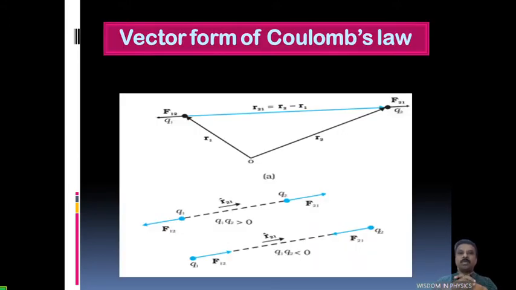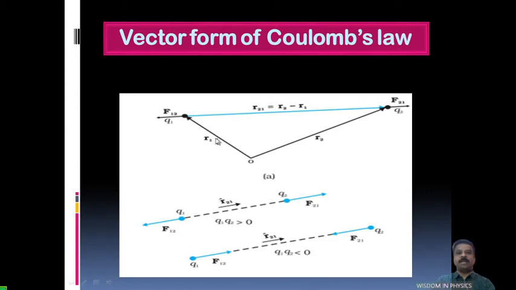Now let's express Coulomb's law in vector form. We know that force is a vector quantity, so we can also express Coulomb's force in vector form. You have the two charges here. Q1 is at a position vector R1 from origin O, and Q2 is the other charge, whose position vector is R2.